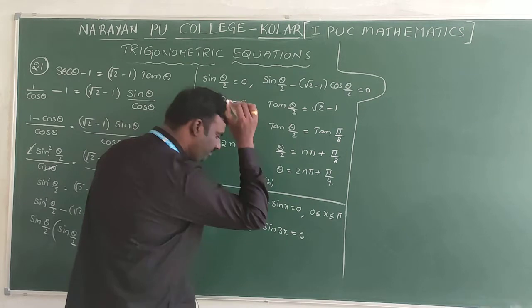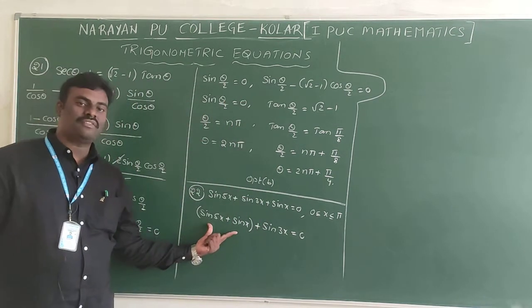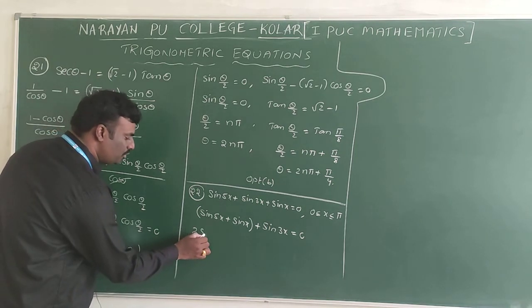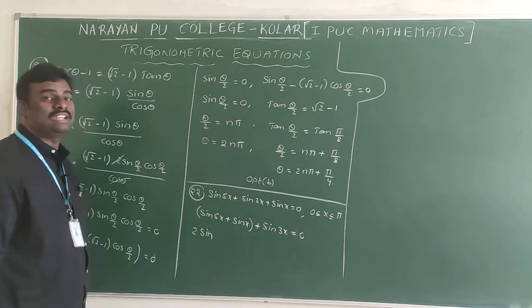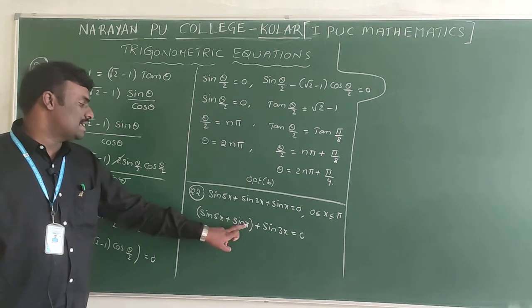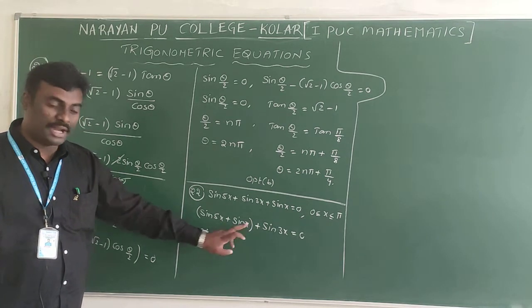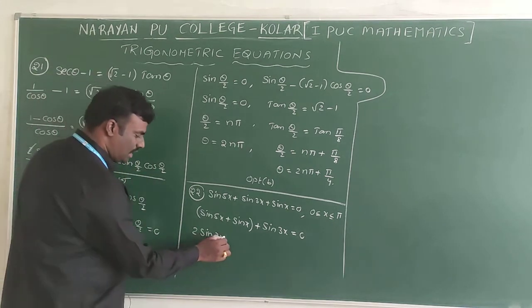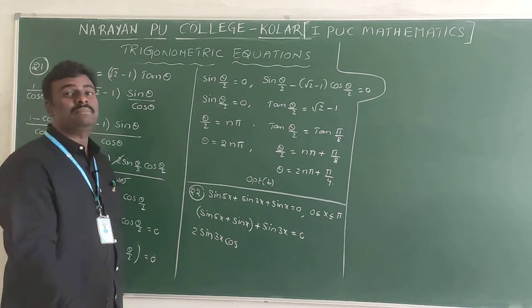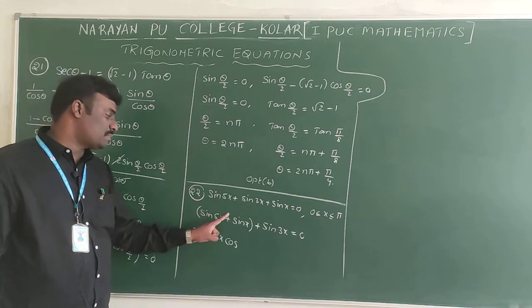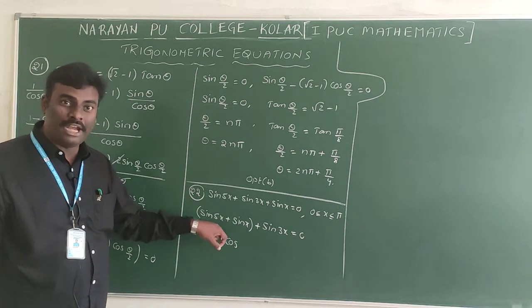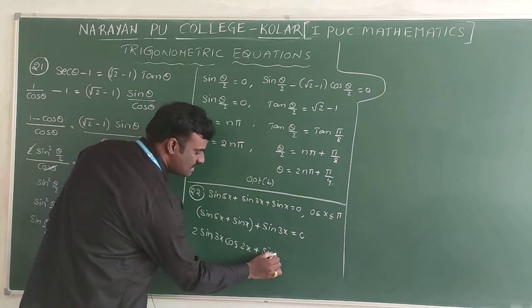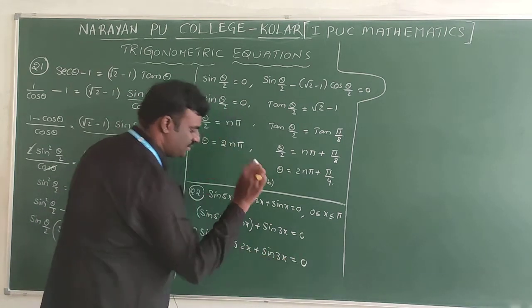equals 0. Now it is in the form of sin C plus sin D. The formula is 2 sin (C plus D) by 2, 5x plus x, 6x by 2, that is nothing but 3x, cos (C minus D) by 2, 5x minus x, 4x by 2, that is nothing but 2x, plus sin 3x is equal to 0.